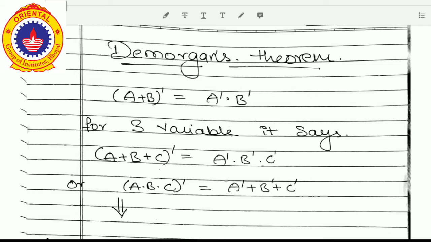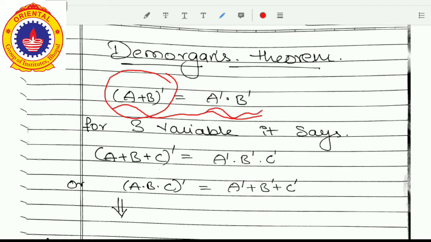First of all, I would like to recall what De Morgan's theorem states. As you can see on the screen, De Morgan's theorem for two variables states that when we take the OR of two variables, A or B, and then complement the whole thing, it is equal to A complement AND B complement.